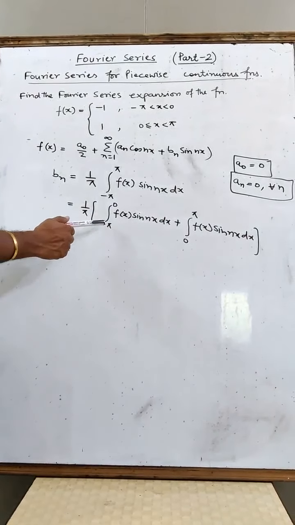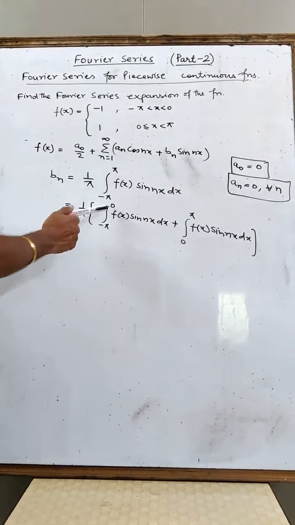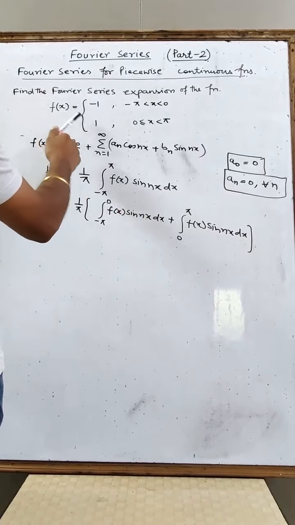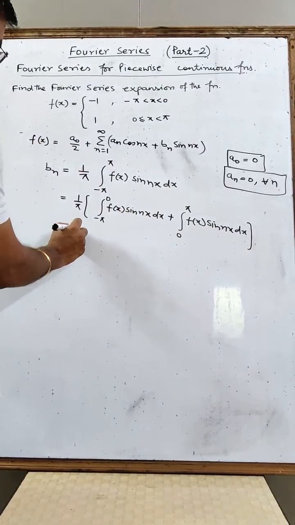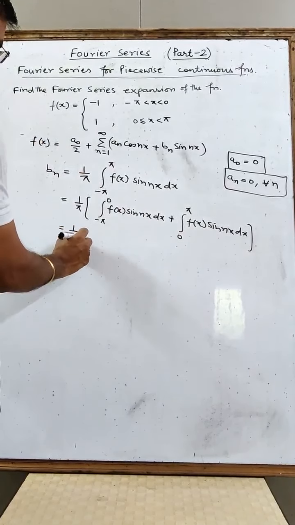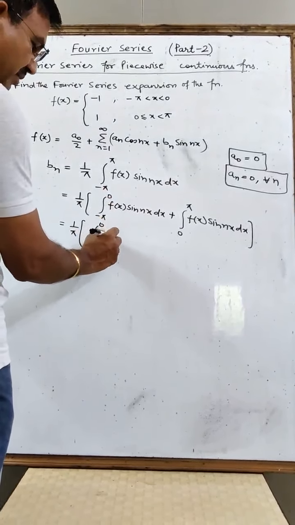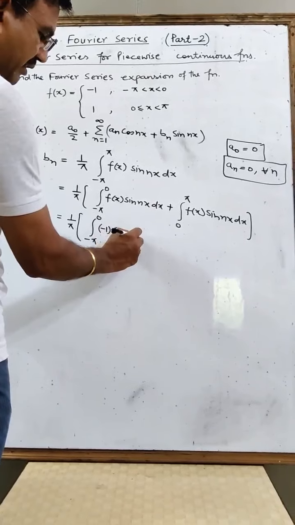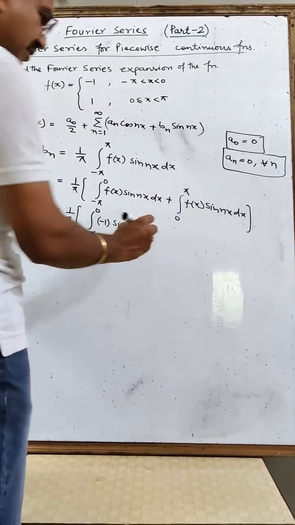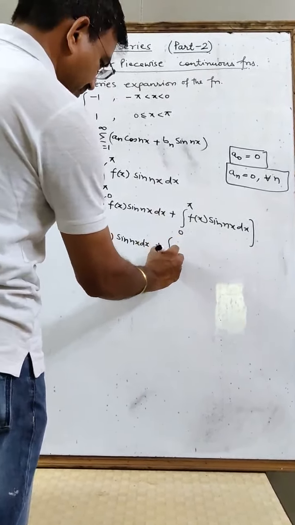Again, during this interval from minus pi to 0, value of function is minus 1, and during this interval from 0 to pi, value of function is 1. So it would be 1 over pi integral minus pi to 0, and value of function is minus 1, so it would be minus 1 sine of nx dx plus, during this interval from 0 to pi, value of function is 1, so it would become sine of nx dx.